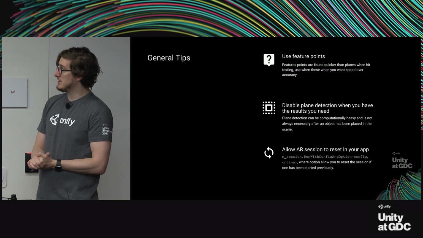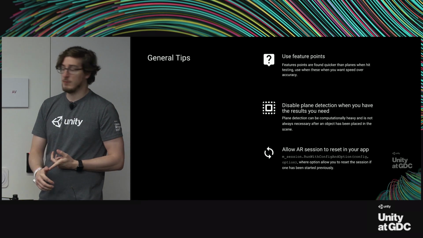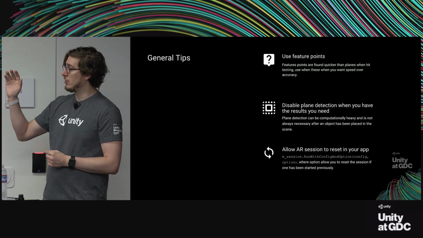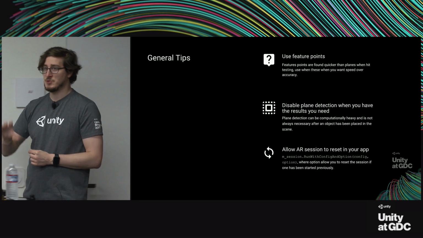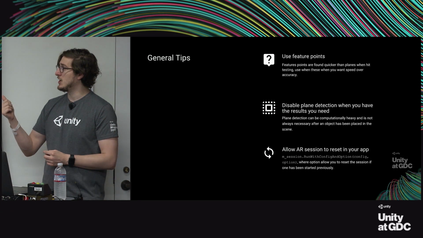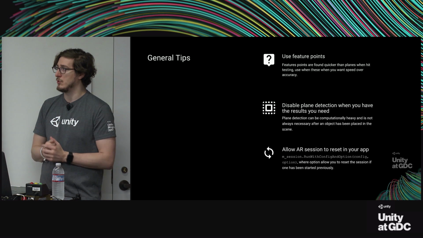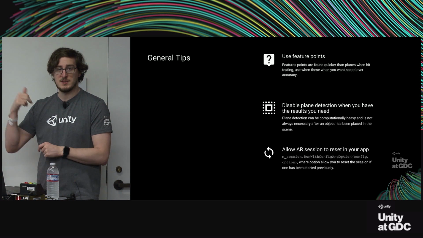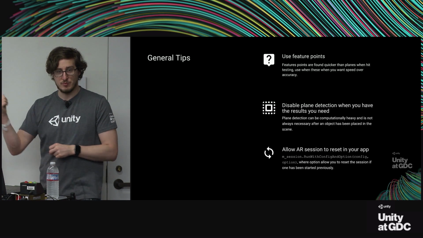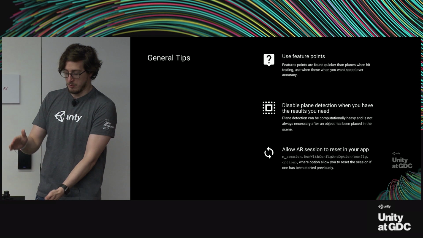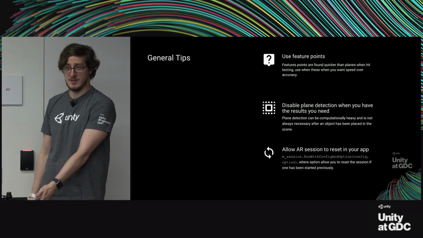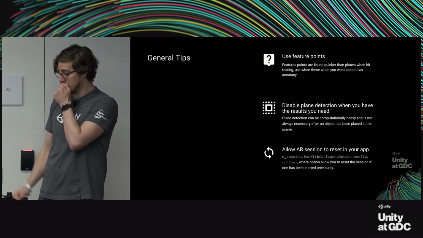The next thing is, I've talked a little bit about feature points. I've described what planes are. For attaching things to objects quickly, it's a better user experience if instead of using planes, you're using feature points. So if I were to make an app that was measuring the height of this podium here, it would be difficult.